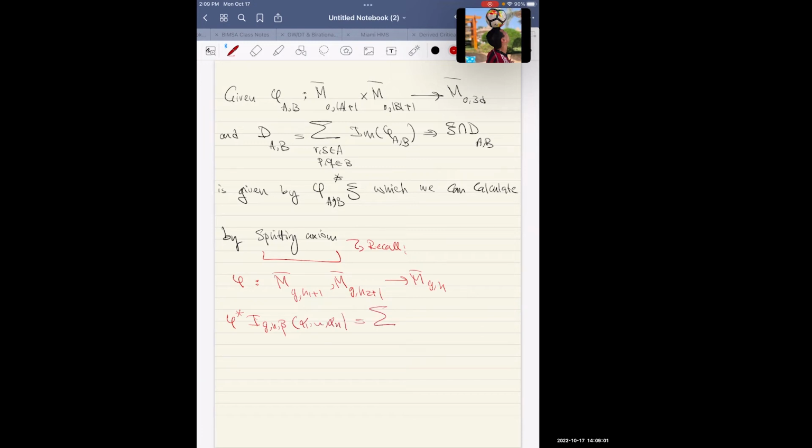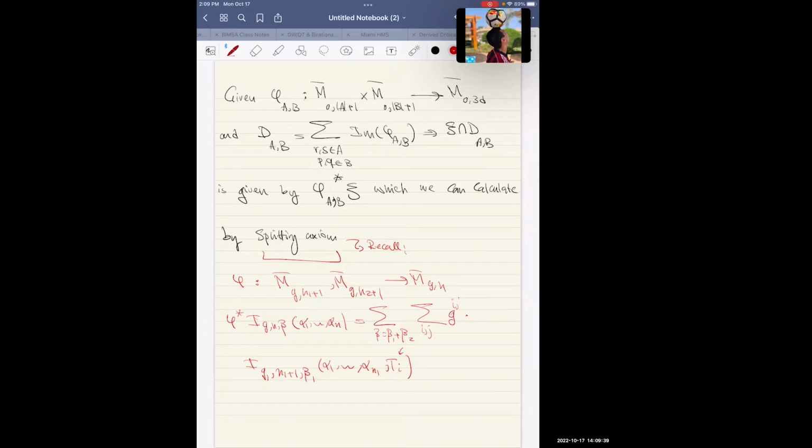So it's going to be all the ways that you can break the curve, and then all the ways that you can identify these two additional points. So this is going to be G^ij times I of g1, n1 plus 1 and curve class beta 1 of alpha 1 to alpha n1 and then additional class Ti.